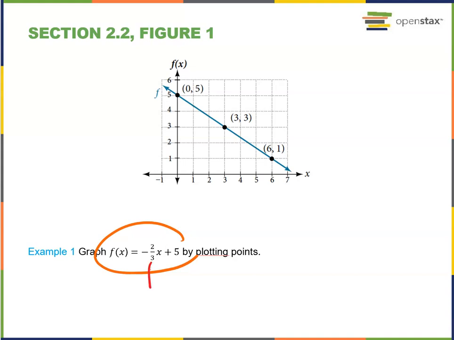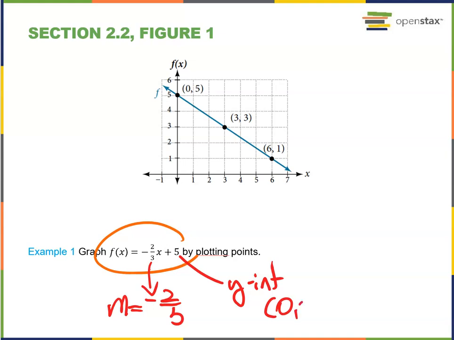Negative 2/3 is your slope, and 5 is the y-intercept. Meaning that is going to be at 0, 5. So that's going to be your first point here at 0, 5.